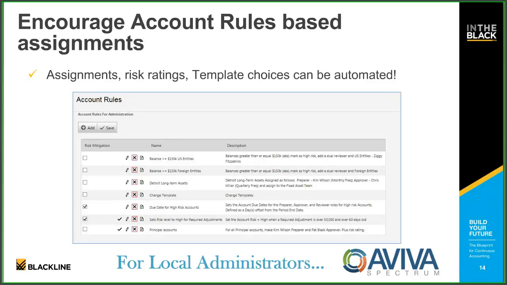And then there was a threshold as well for foreign entities. And then there are some other thresholds related to long-term assets and other due dates for high-risk accounts, etc. This is really just to let you know that you've got to get the system to work for you. You have to work with your system administrator to really make this happen.